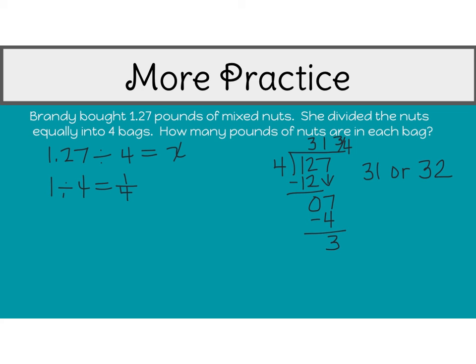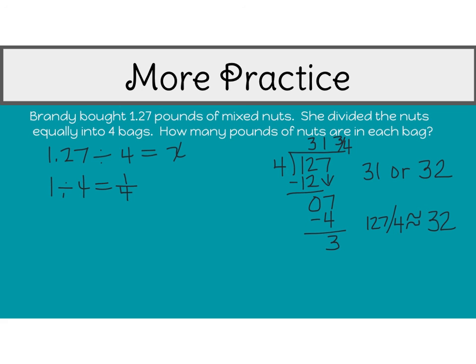So we would say that 127 divided by 4, and I'm going to show you a new symbol, an equal sign with wiggly lines, which means approximately, 32.